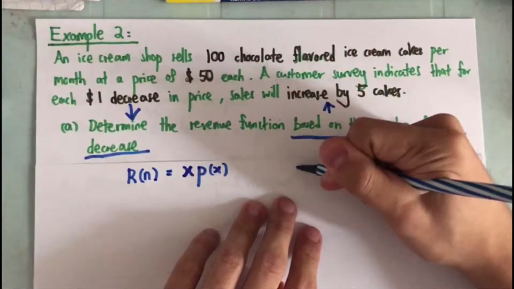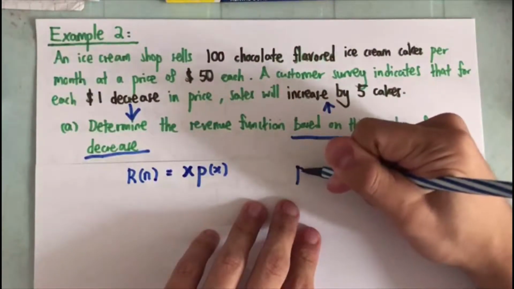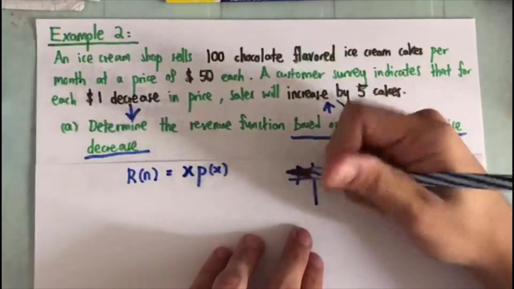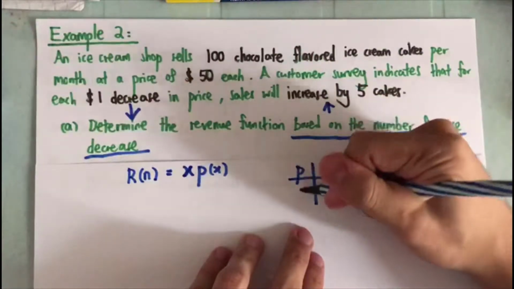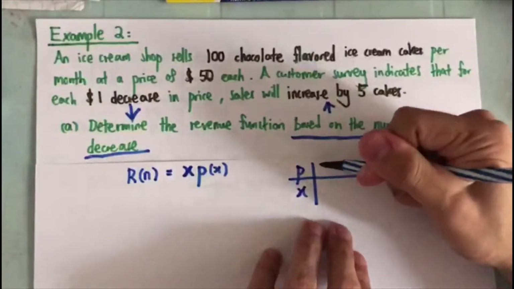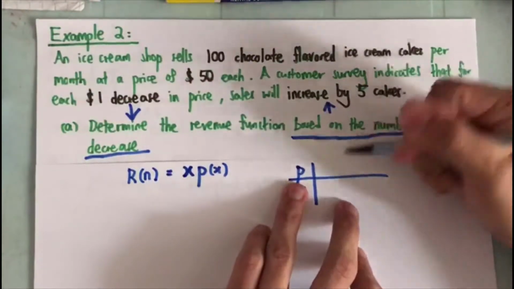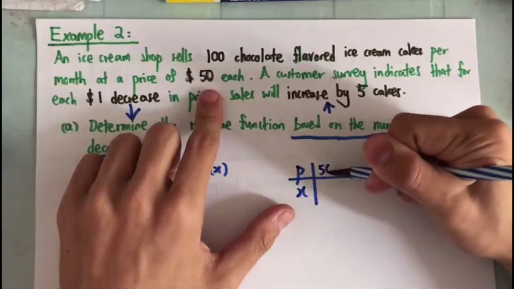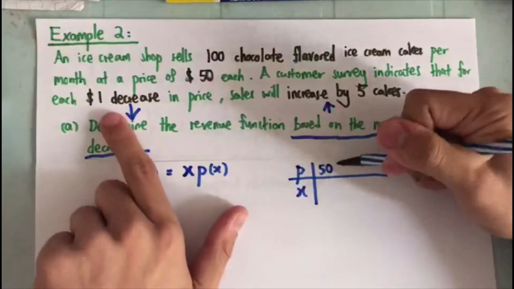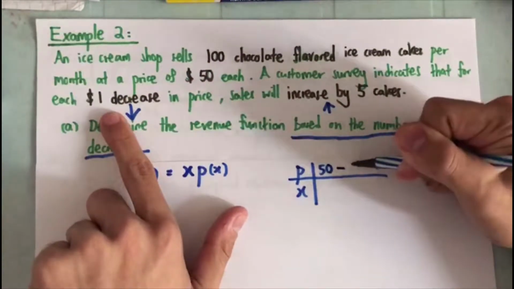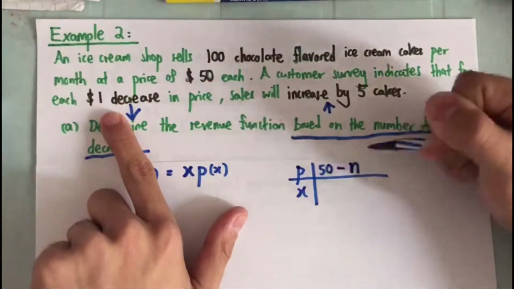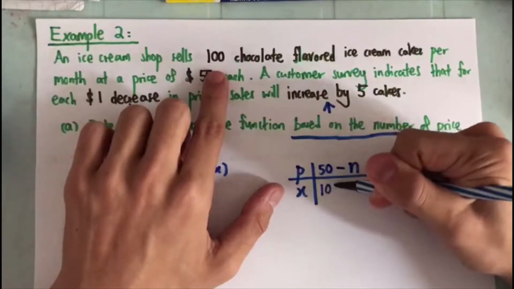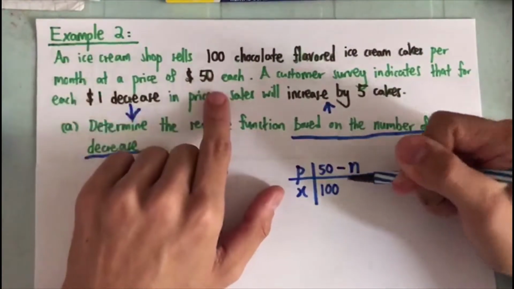Let's look at the information given by the question first. Same thing. One is about price and the other is about number of units sold. For price, it says that initially it was $50. However, every time you decrease by $1. And then for number of units sold, initially it was 100 chocolate cakes.